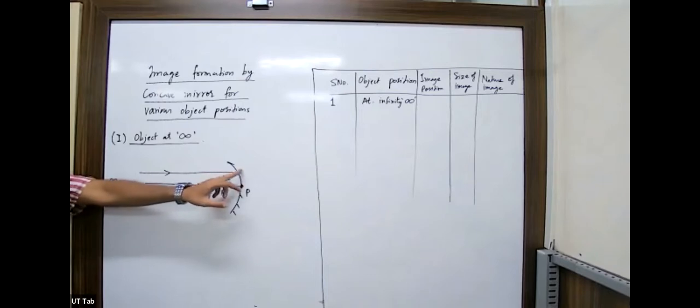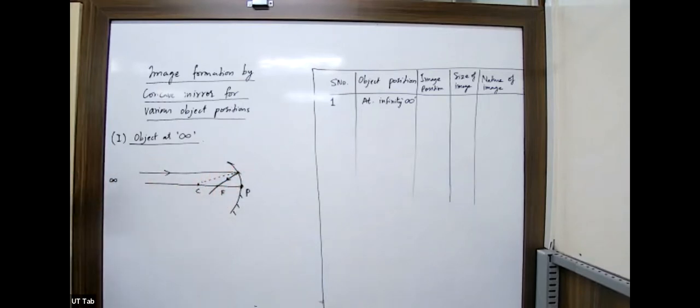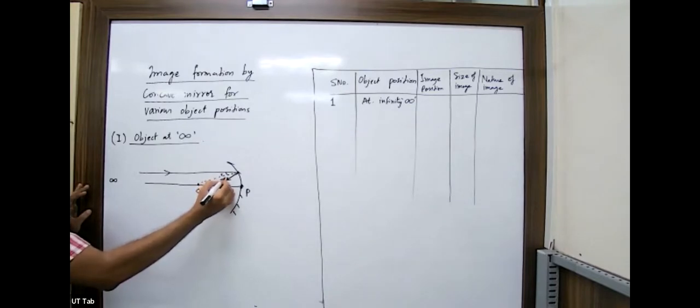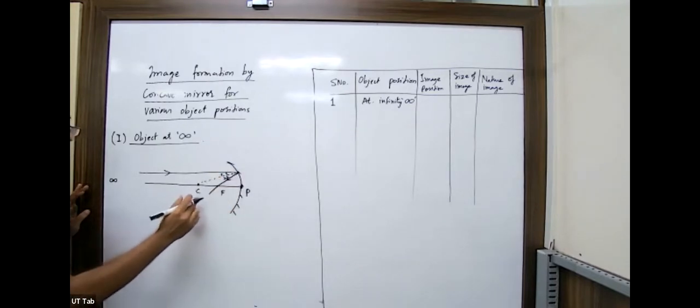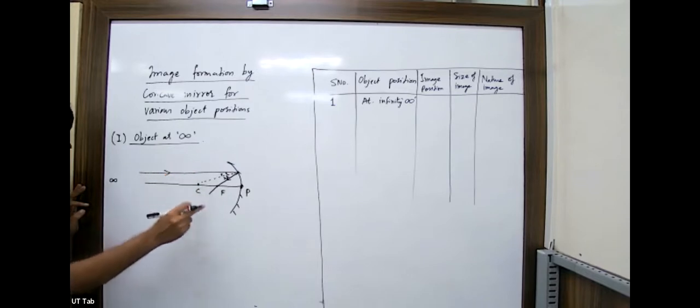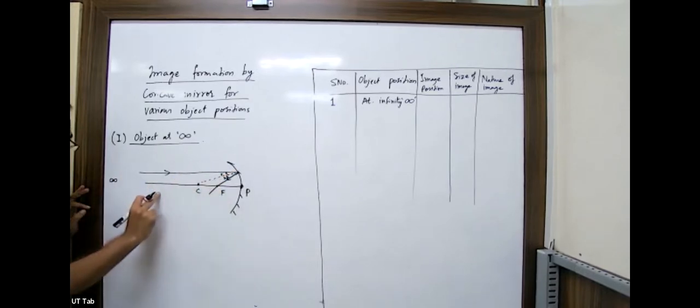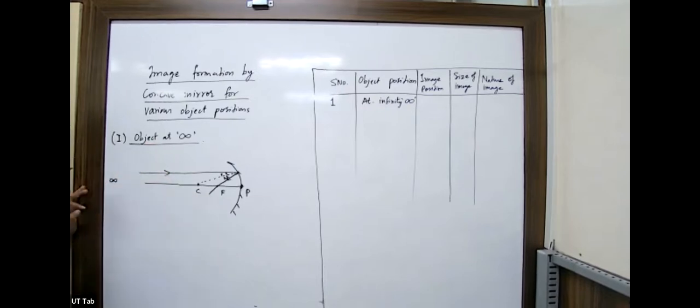So, the radius at this point from C. Okay. Now you can very well see that yes, this is I and this is R. So when I construct this, I would see that it would pass through focus. Any ray parallel to the principal axis would always pass through the midpoint, which we call focus.